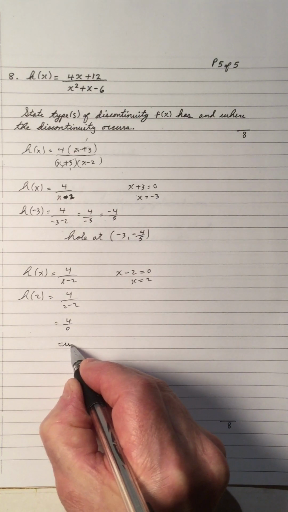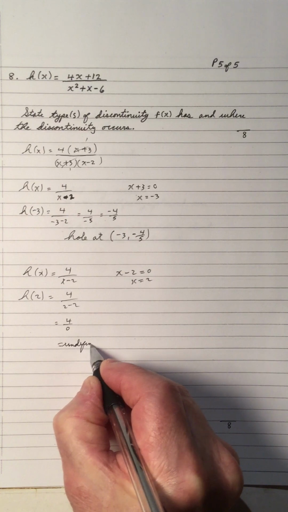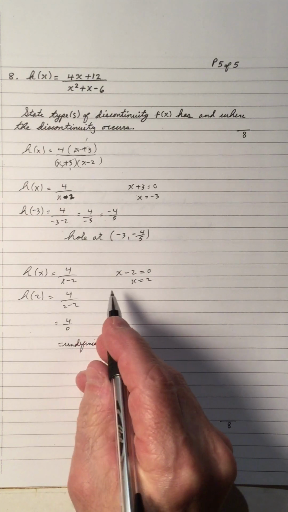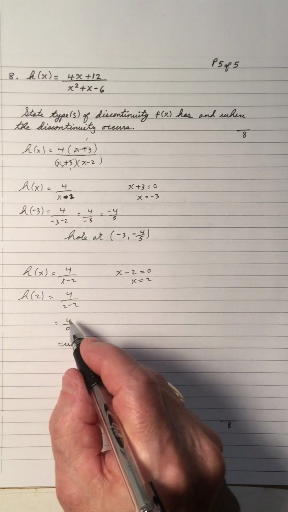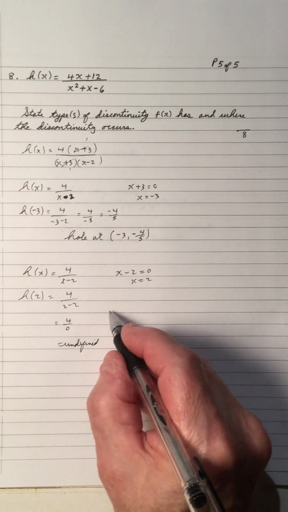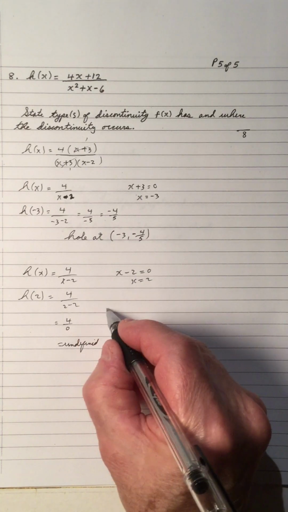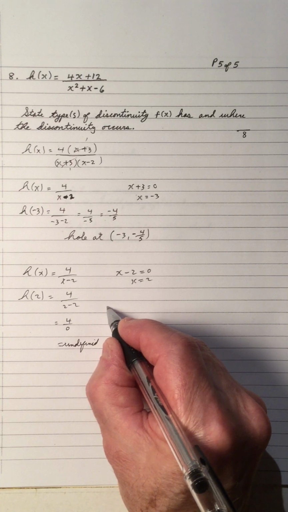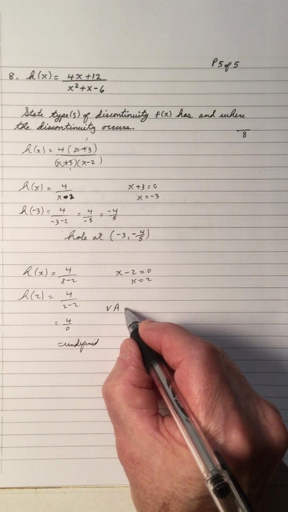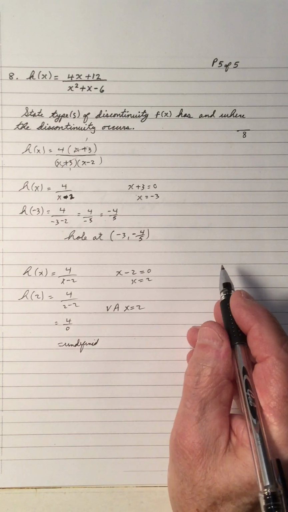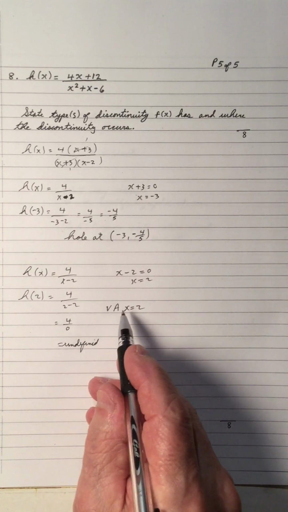So that's undefined. That means it's discontinuous, not continuous, at 2. So that means the vertical asymptote is at x equals 2. So it's discontinuous at 2.